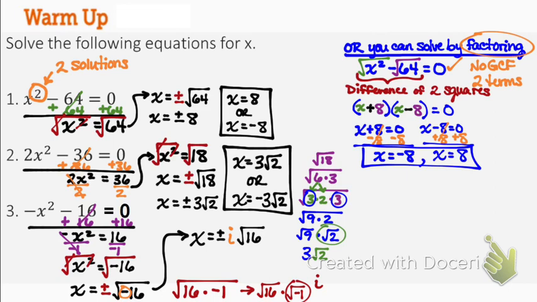Here's where the i came from. Do we know the square root of 16? 4. So x is equal to plus or minus 4i. That means x equals 4i, or x equals negative 4i.